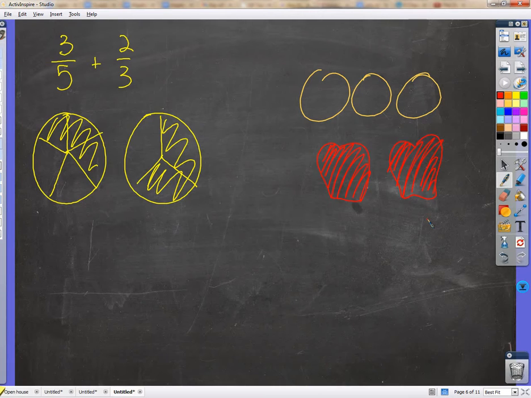But if we had 2 apples and 3 oranges and I tried to say I have 5, I add them together, 3 plus 2 is 5. 5 what? Fruit. Okay, well, it's 5 fruit, but I can't just say I have 5 fractions, right? That's not going to work out too well. And that's kind of the same thing. Those are fractions; these are both fruits. But other than that, I can't make these two things the same.